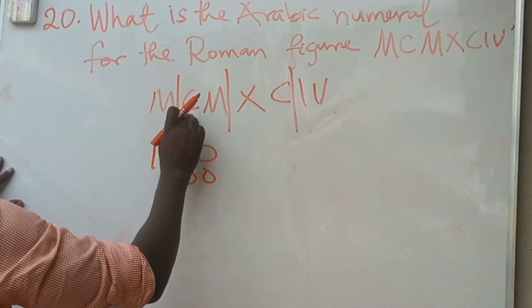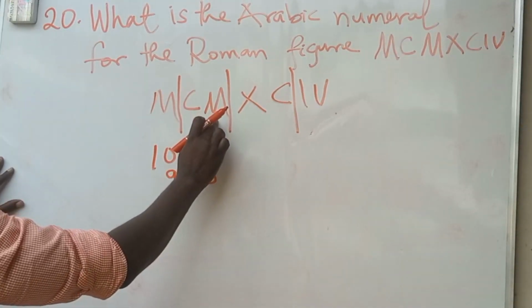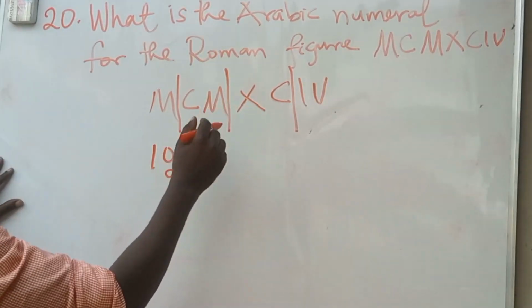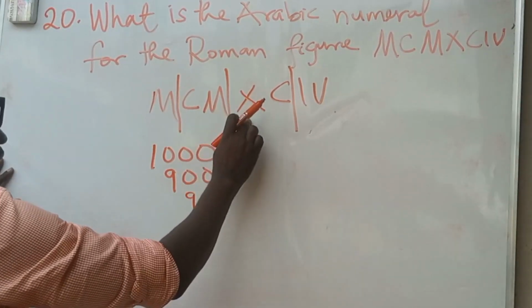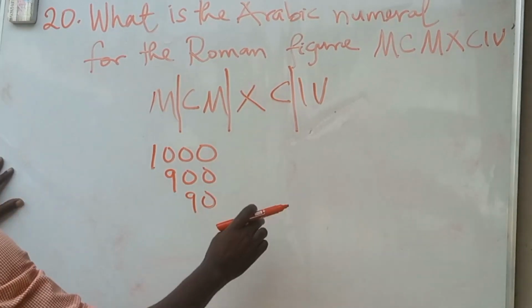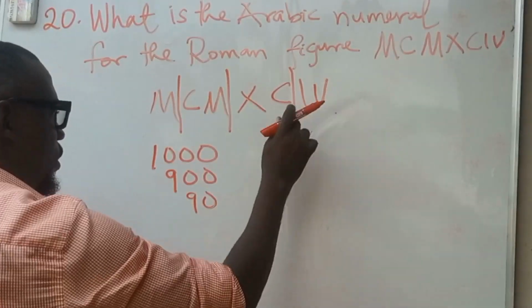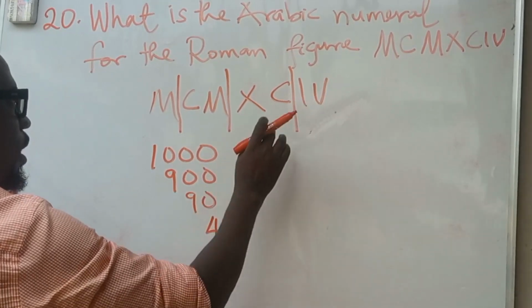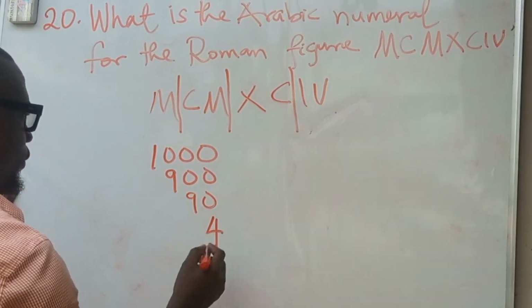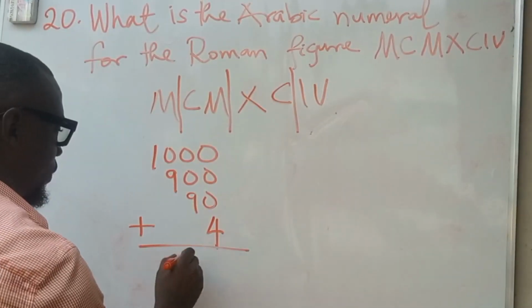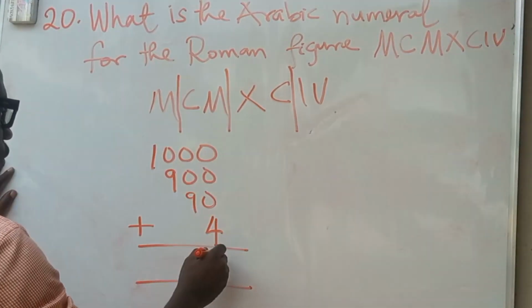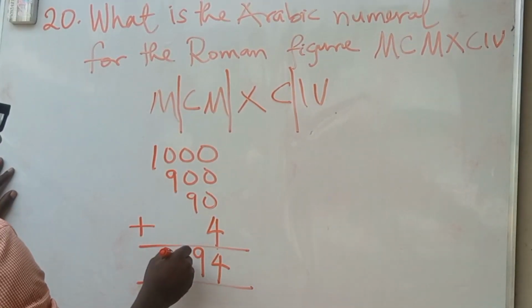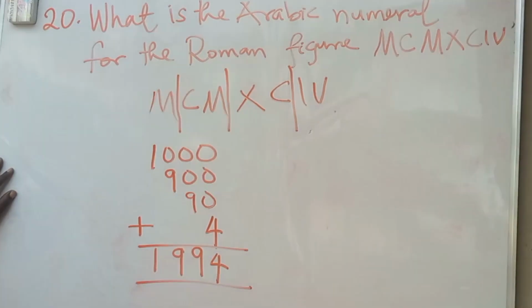That's 1000 minus 100. XC is 90. That's 100 minus 10. Then we have IV, which is 4. That's 5 minus 1. When we add it together, the outcome will be 1994. So that's the answer.